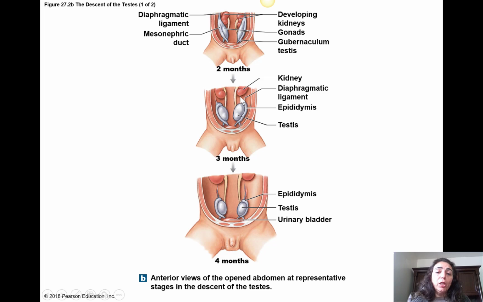The kidneys remain in their place and the embryo and fetus are growing, so these are getting bigger and developing more, and at the same time these other structures related to the reproductive system are developing and growing, but as we said, the gubernaculum keeps them close to this part of the body. At 4 months, they are at this level.